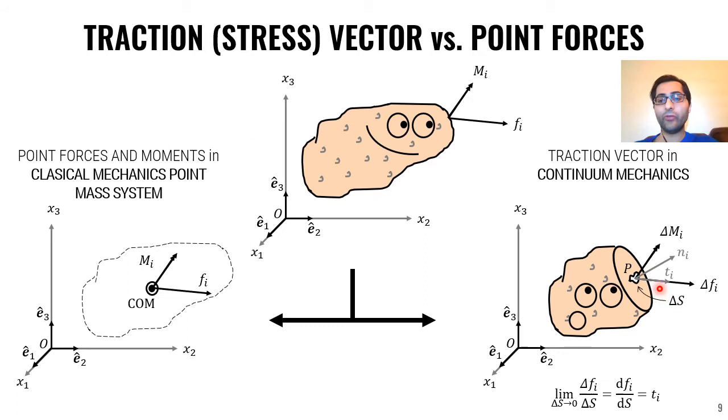That traction vector is basically the resultant force per unit area passing through that point. We can have infinite number of planes cut through each point of the body, and also we can have infinite number of points inside the body.